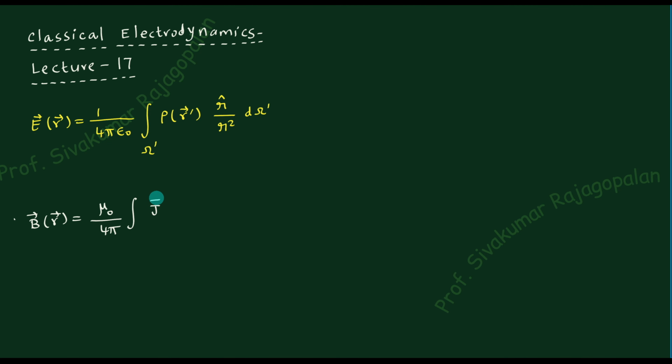And then of course the integration will be over d omega prime. And then here you have a cross product. So the point to be noted is that I think the cursor is not coming right. So let me bring the cursor.